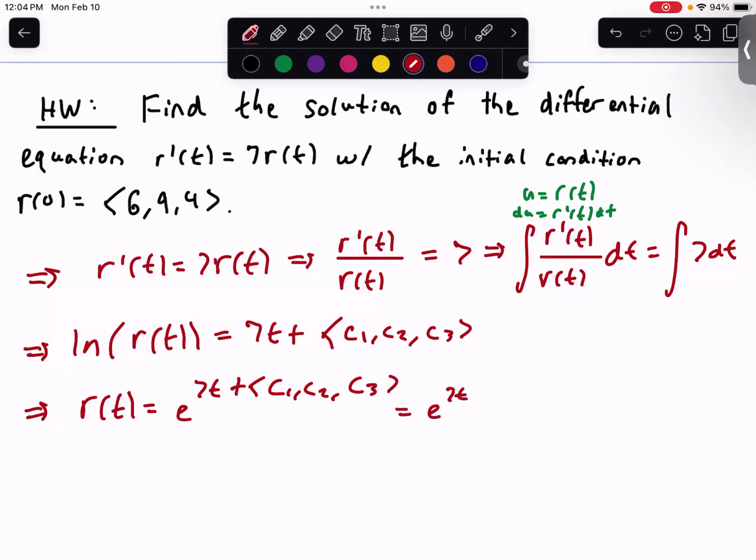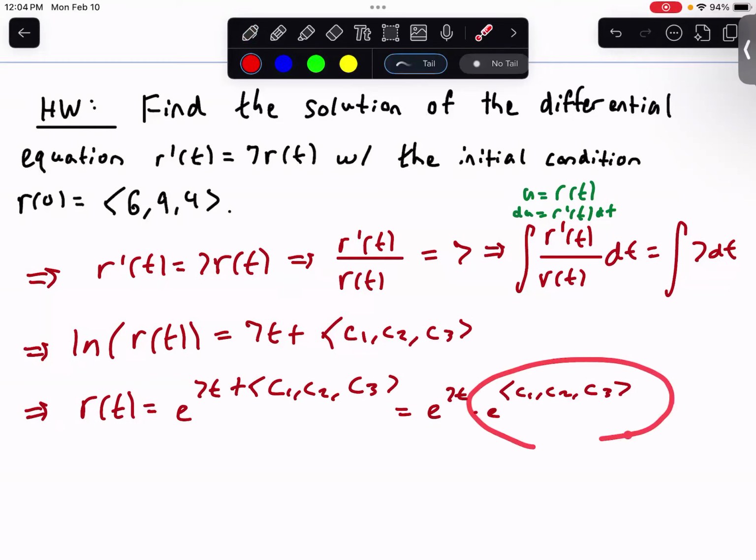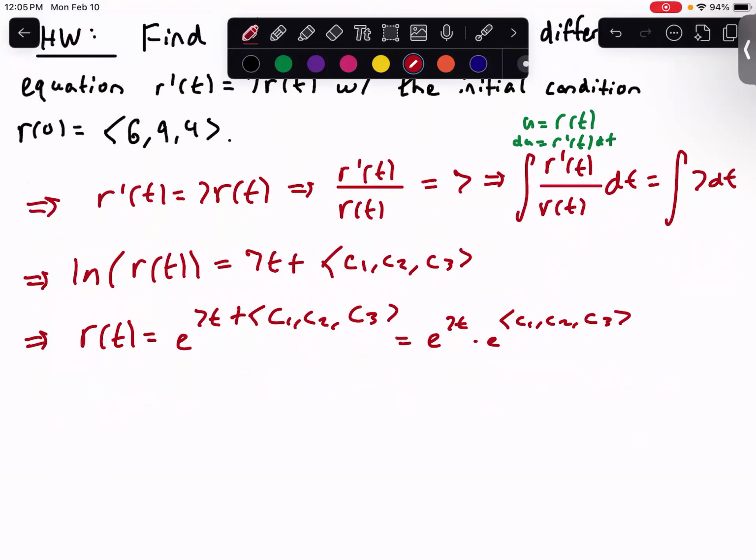This is the same thing as e to the 7t multiplied by e to the c1, c2, c3. And then this itself is just a constant vector, right? So you can rewrite this as some vector of constants a1, a2, a3 multiplied by e to the 7t.